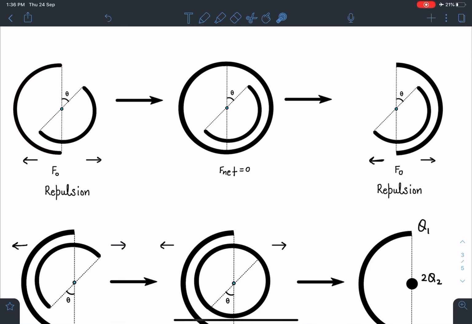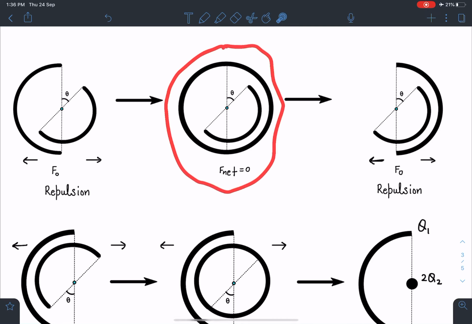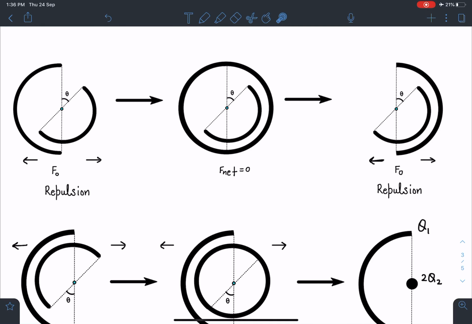In this diagram you can see that the net field is 0 because of this bigger shell at every point inside this part, and when we place a hemispherical charged shell there, the force is going to be 0 because there is no field. So I can say that the net force in this orientation between these two in this system is going to be 0.